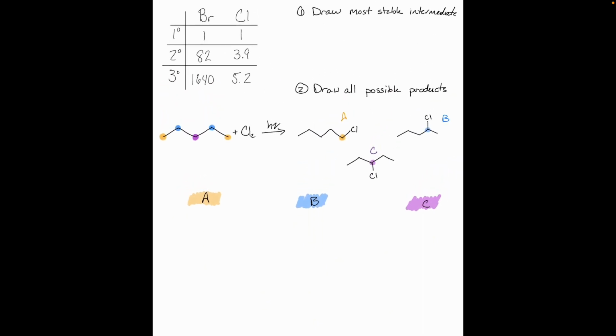So, see if you can't set this up. Again, you're gonna have to do 3 different calculations. Previously, we only had 2 groups, so we did 2. Now you're gonna have to do 3. Again, the frame of that formula that you're gonna be using is number of hydrogens times the reactivity factor divided by the sum of all the different groups, number of hydrogens times reactivity factor. All right, so take a minute and see if you can't set this up.